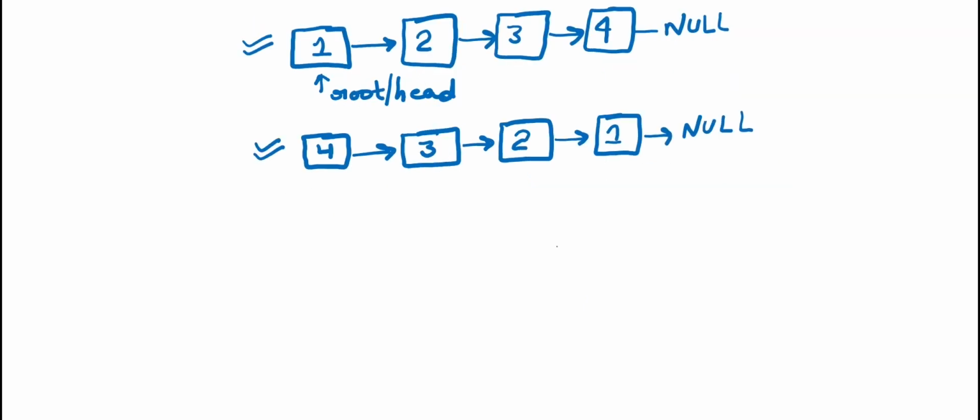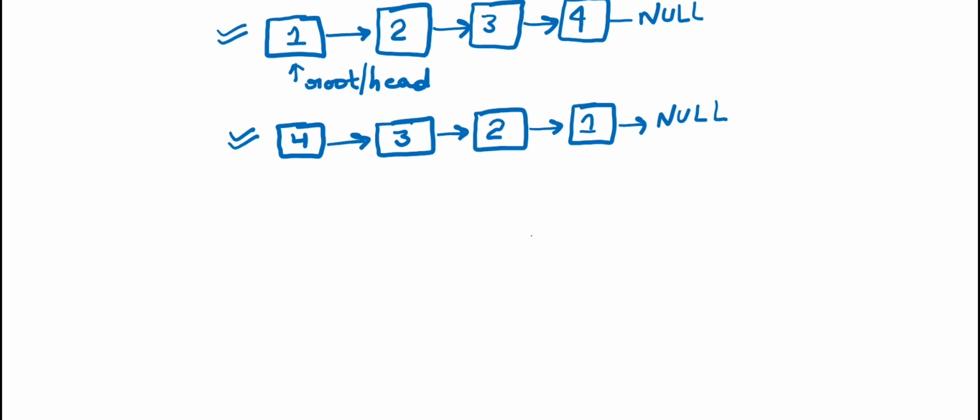So the first approach that we can use is we can create a new reversed linked list. So let's see how we can create a new reversed linked list. As we have given the root, we will run a while loop until the root reaches null. So let's see.